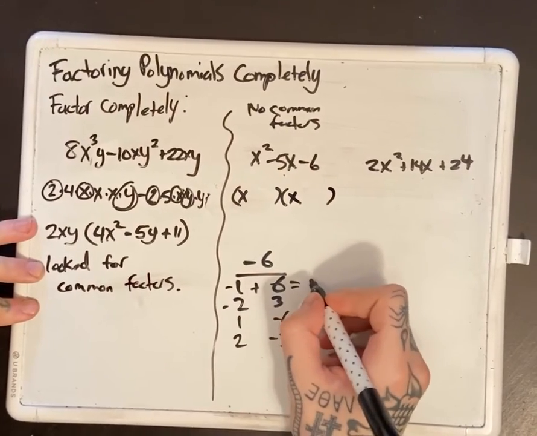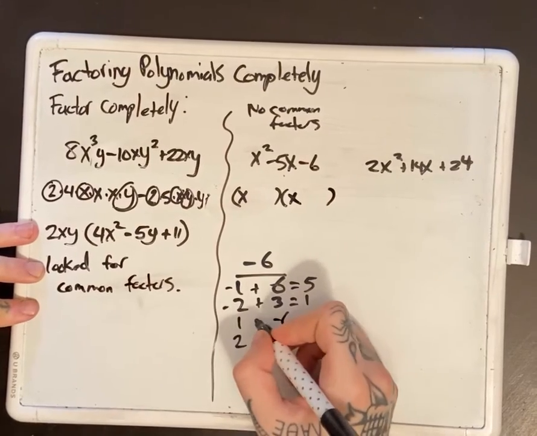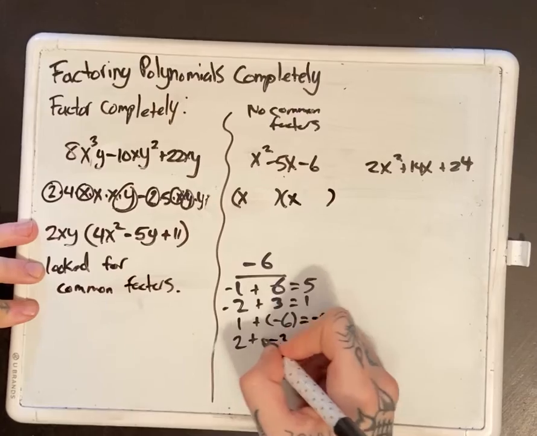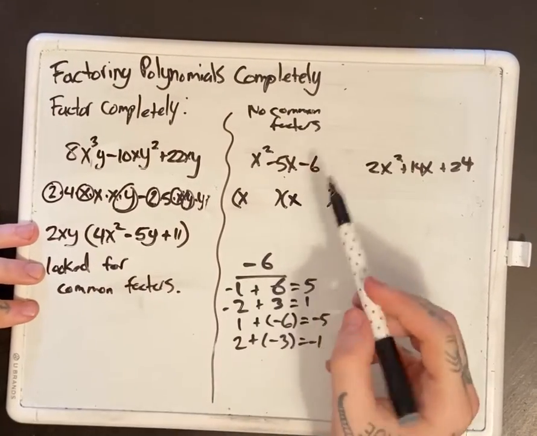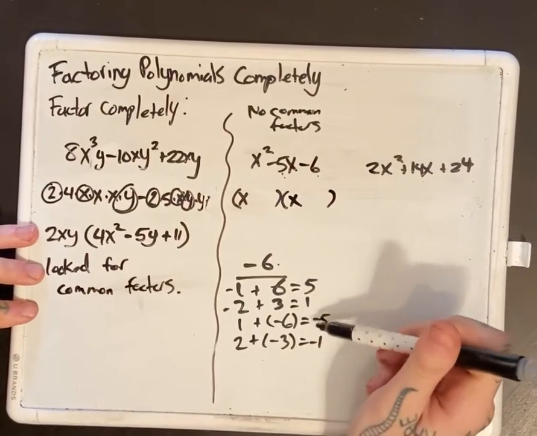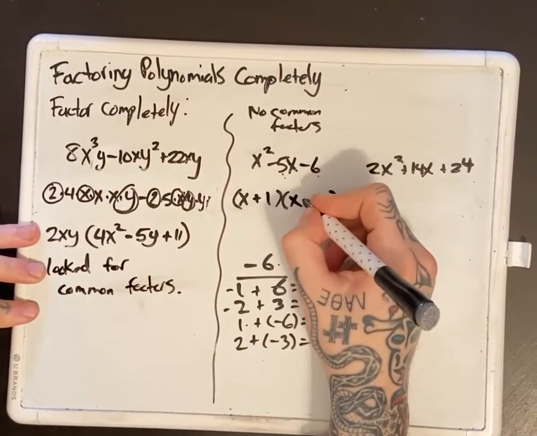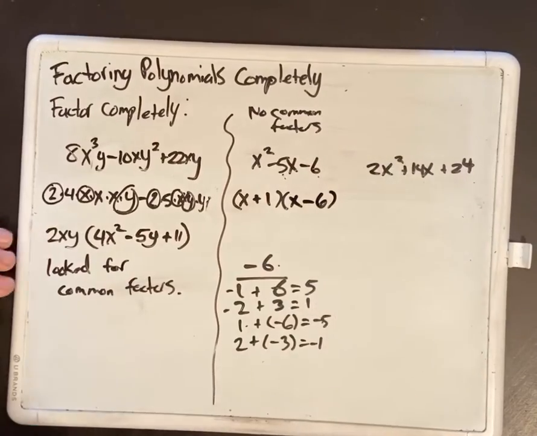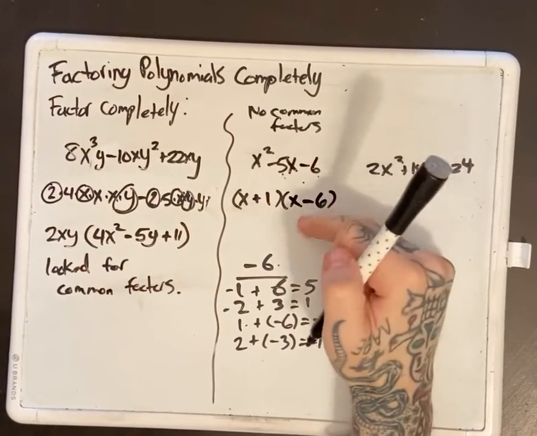So this equals 5, this equals 1, this equals -5, and this equals -1. All right, so we're looking for -6 and -5. So we want 1 and -6. So x plus 1, x minus 6, right? So now this is factored.